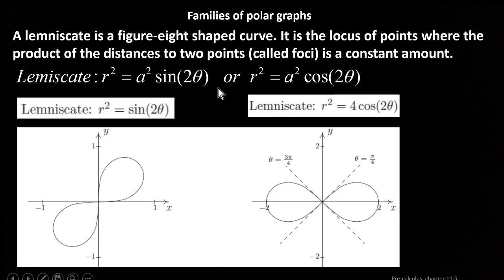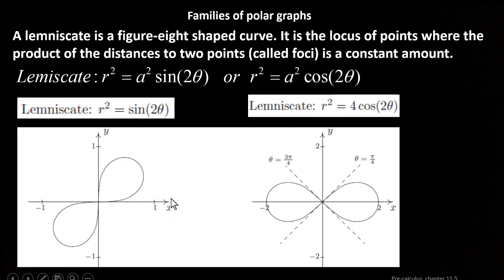And then one more family, and these are called lemniscates. A lemniscate is basically a shape that you get when you multiply the distances from 2 fixed points, and those products are the same. You know the definition of a circle in geometry is basically the set of points in the plane that are the same distance from a fixed point called the center.